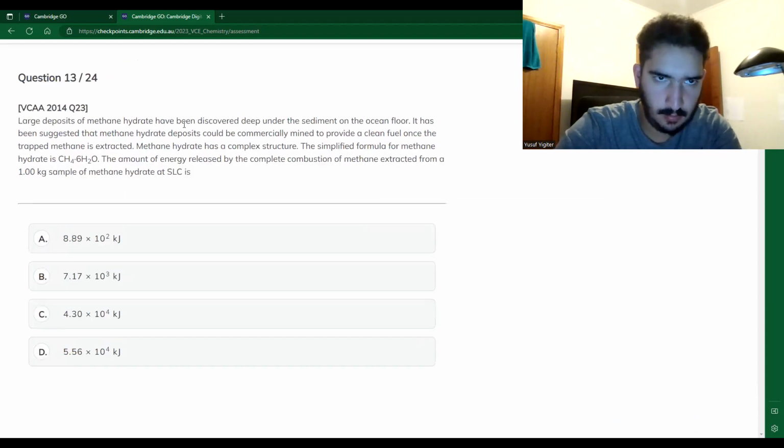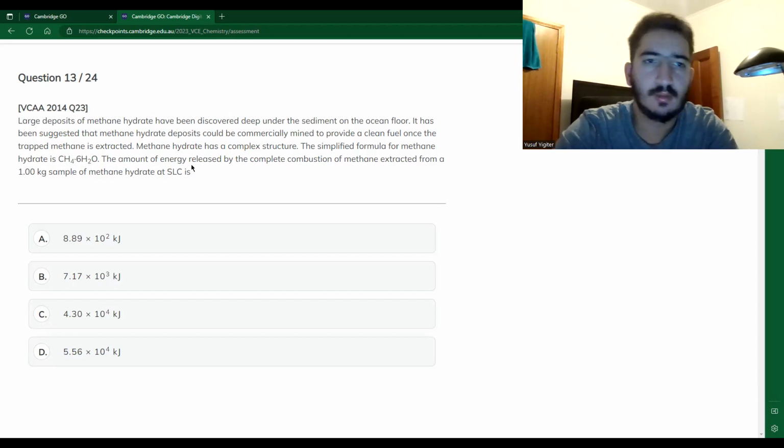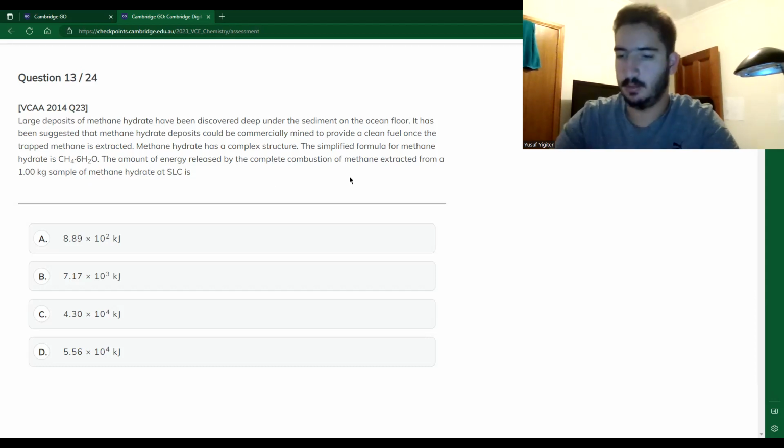Large deposits, methane. Amount of energy released by the complete... I think it's better to make a thing.